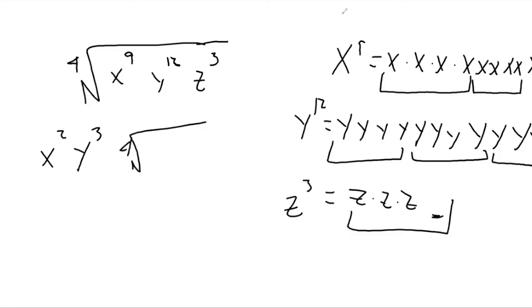So our final answer is going to be x squared times y to the 3rd times the 4th root of the leftover x, and there are 0 y's left over, and the 3 z's got left over as well. So this would be our final answer: x squared times y to the 3rd times the 4th root of x times z cubed.